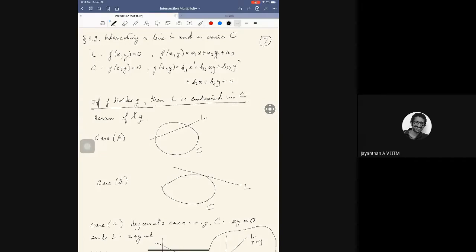So L is a line, C is a conic, and one is assuming that the equation for the line doesn't divide the equation for the conic, and they intersect in a finite number of points. So I have this picture here, that's what I'm looking at. So a line and a conic meet in 2 points.